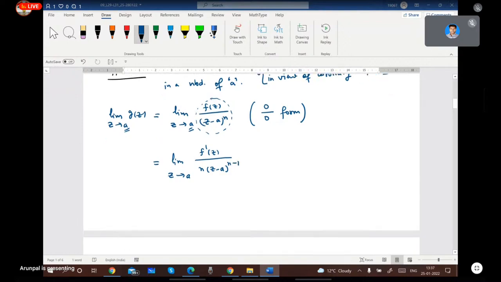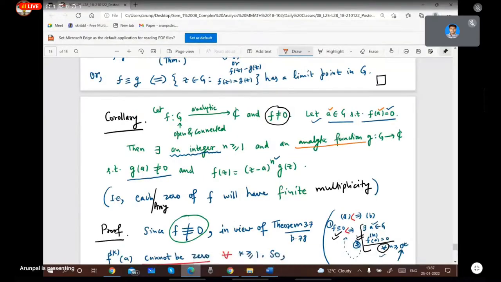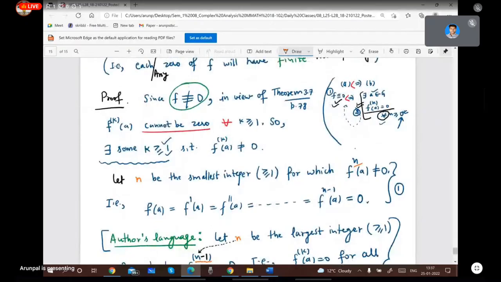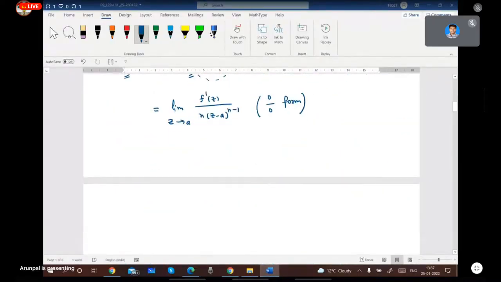Class, you can see again, if you take z is equal to a, then the numerator is again 0 and the denominator is again 0. Yes or no? Because if you recall, class, the derivatives up to order n minus 1 of f are 0. Right, class? So you perform L'Hopital rule once again.